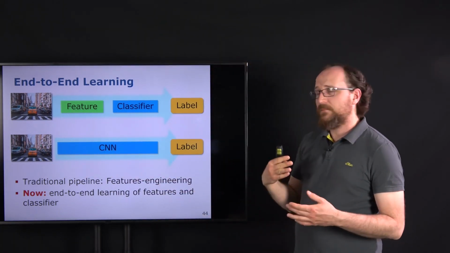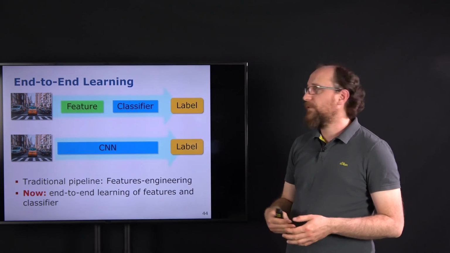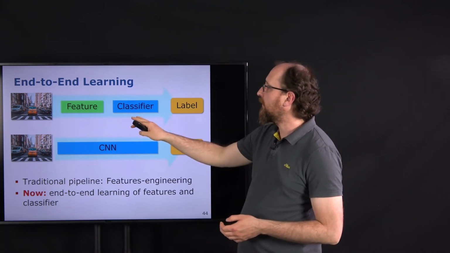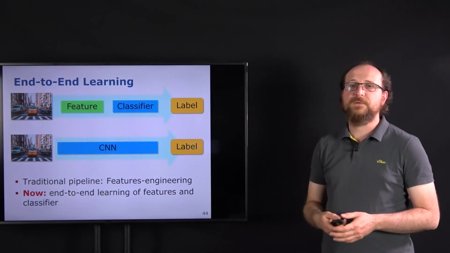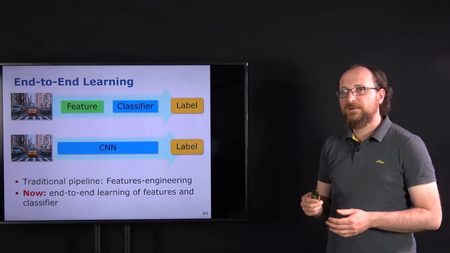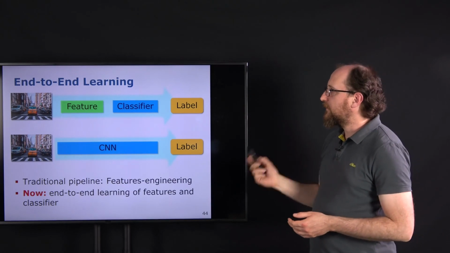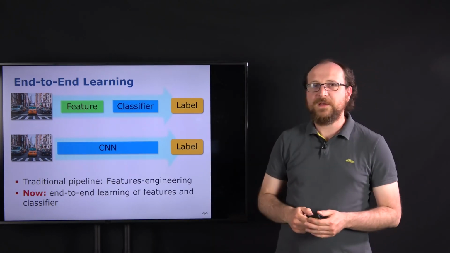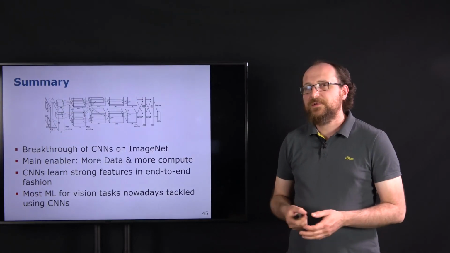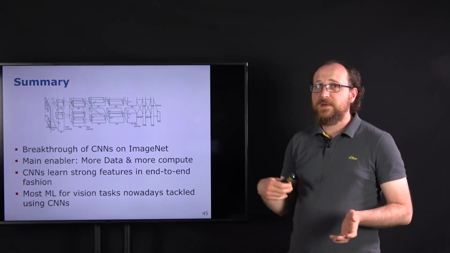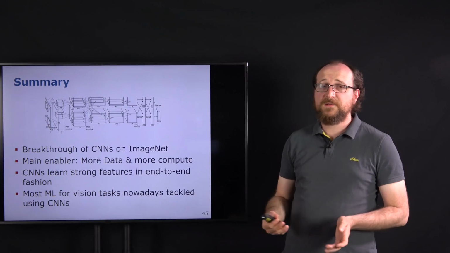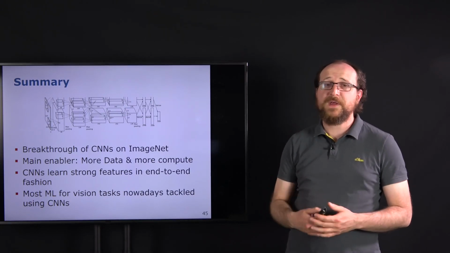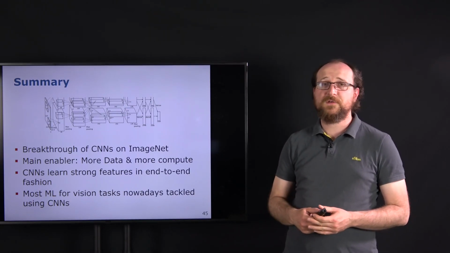And this is a very powerful approach, because you're not only learning this part, but you can also learn features that are helping you in the end. And this is also the thing that I want to end the lecture with and give a little summary. As I said, the CNNs were a big breakthrough for the ImageNet classification.